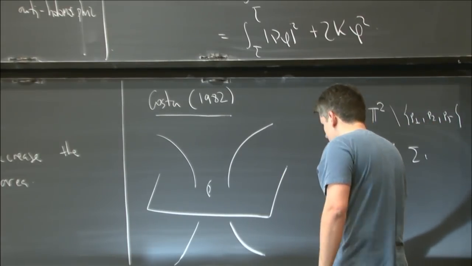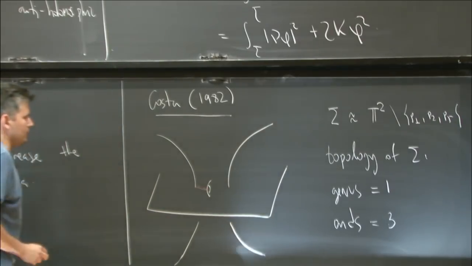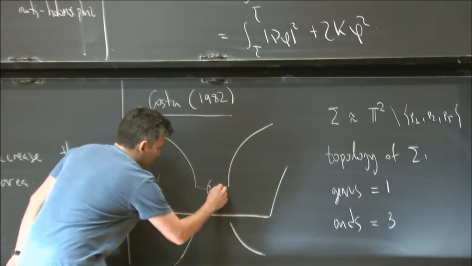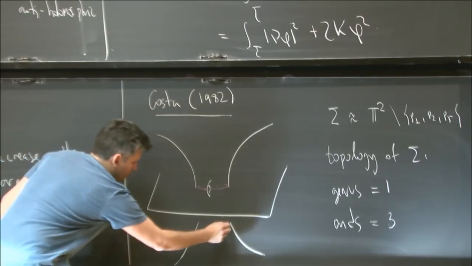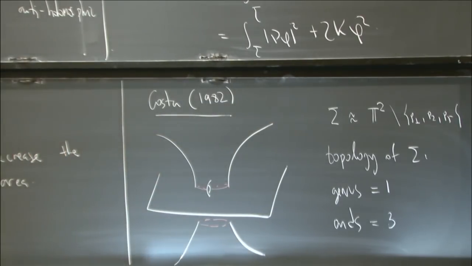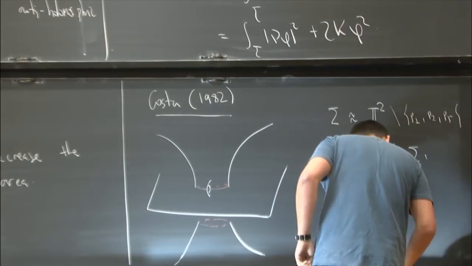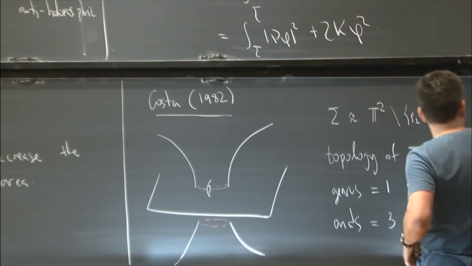We see this neck here because of the way it sits in R3. There is this neck there, and if you believe me, there is a neck down here below this picture. So you would say, well, the index of this surface should be 3.